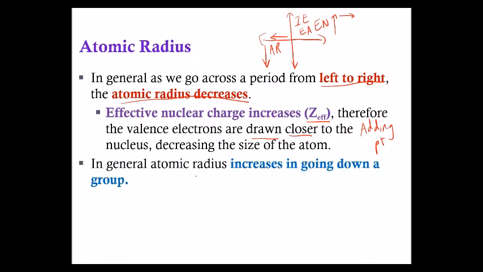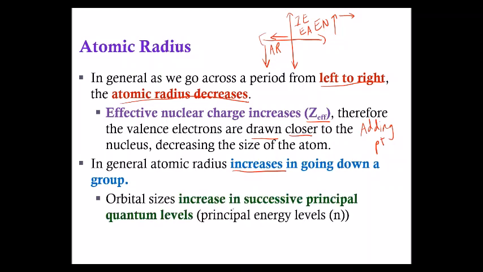In general, as you go down a group, atomic radius increases. And as we go down a group, it's the same reason as for ionization energy or electron affinity. We're really talking about the orbital sizes, the increase in the number of principal energy levels, the principal quantum number n.